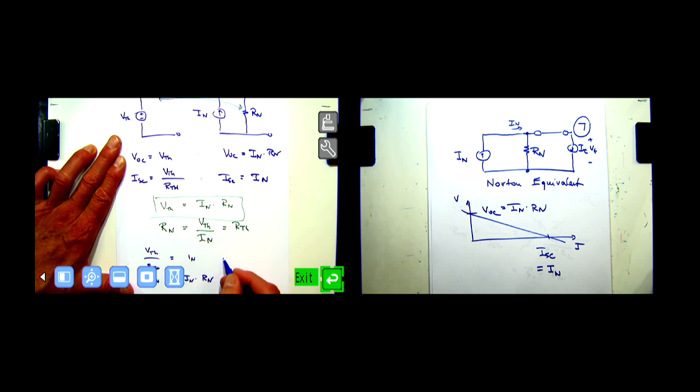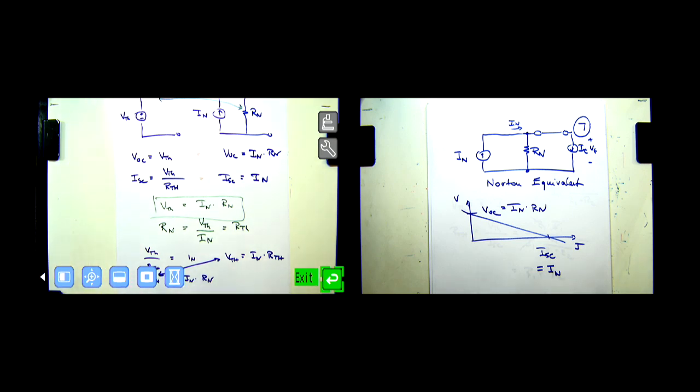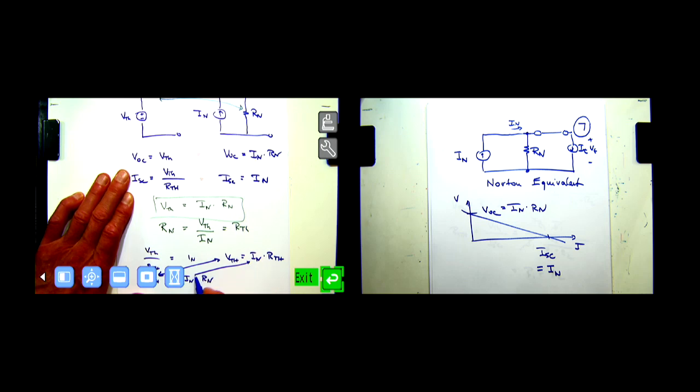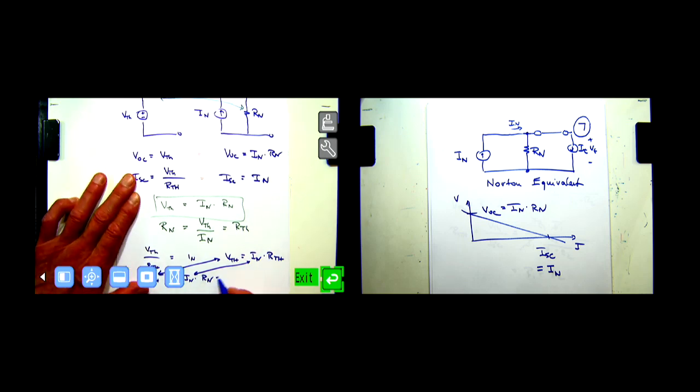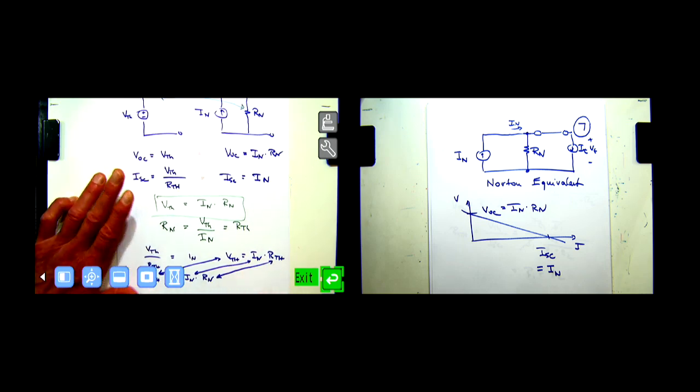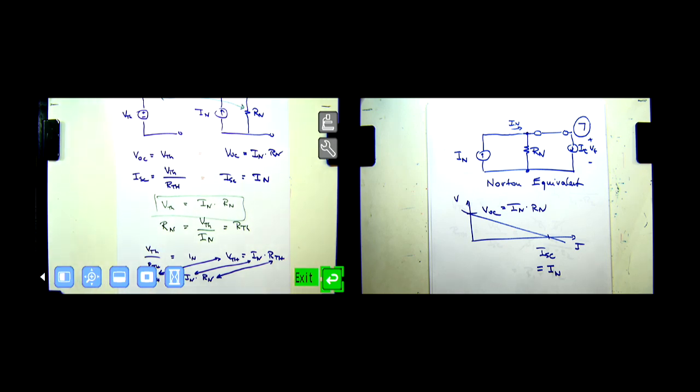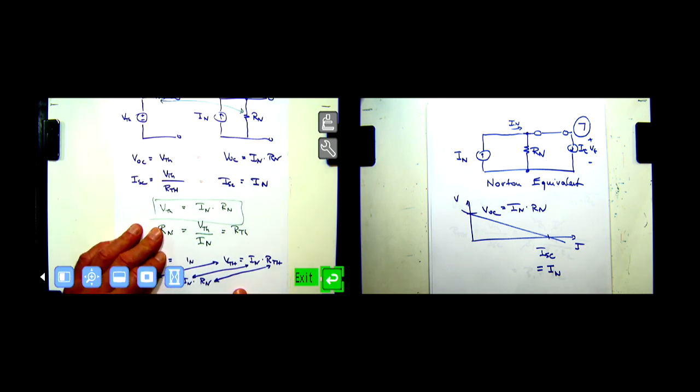So that means VTH is equal to IN times RTH. Well, if these two VTHs are both VTH, meaning equal, and these currents are also the same, then these two resistances must be equal too. I'm sure there is a better way to do this, like Gaussian elimination. But, okay, so we have it, all right?